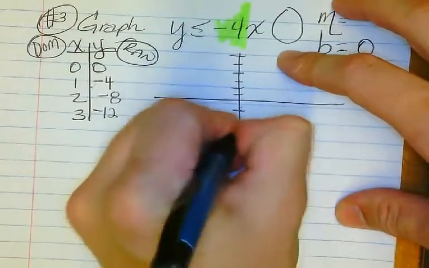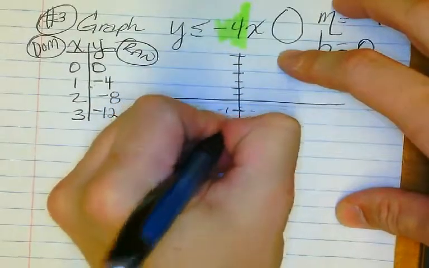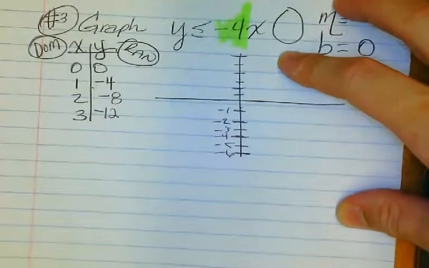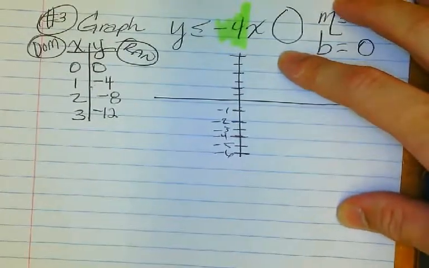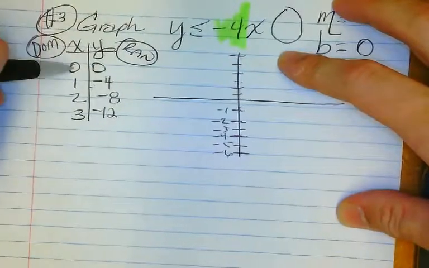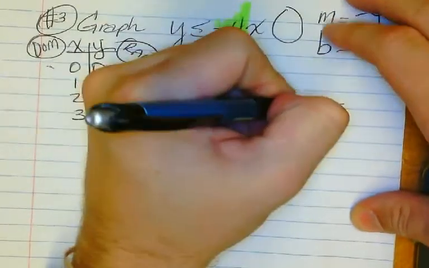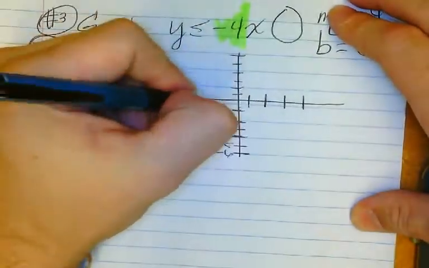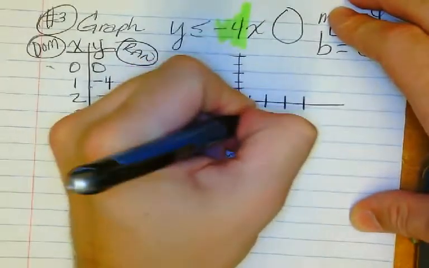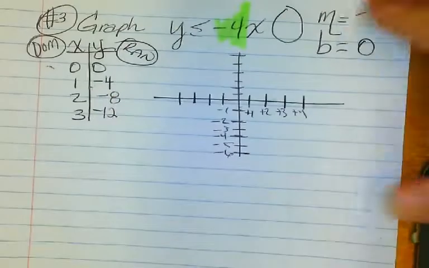So negative 1, negative 2, negative 3, negative 4, negative 5, negative 6. And then we'll go out on our domain. We're going to go out to 3, 4. That's fine. 1, 2, 3, 4. I can do it on the other side too. Negative 4, negative 3, negative 2, negative 1, and positive 1, positive 2, positive 3, positive 4.